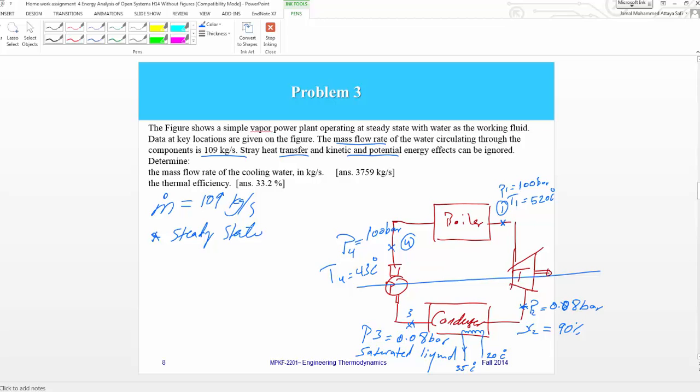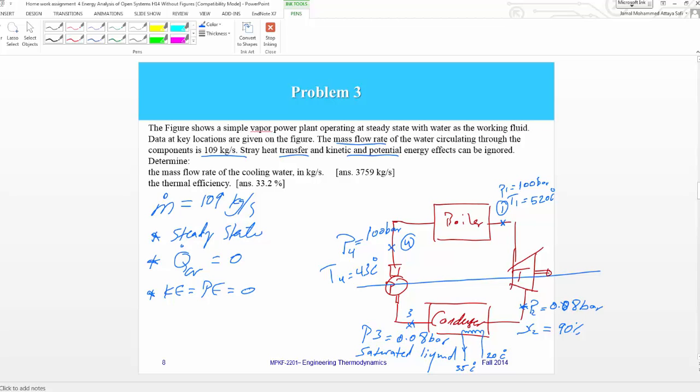For the turbine and the pump, we are considering that the heat transfer is equal to 0, so there's no heat leaving the pump or the turbine as a control volume. And kinetic energy and potential energy can also be ignored.